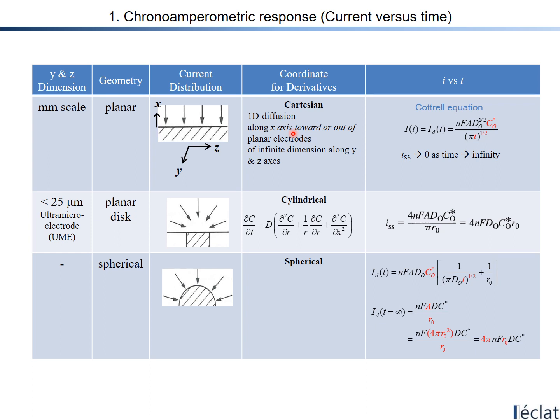Let me change the situation. Still, we have the planar electrode from here to there, but the dimensions of y and z are reduced from very large scale to very small scale, less than 5 micrometer. So just imagine some planar electrode.